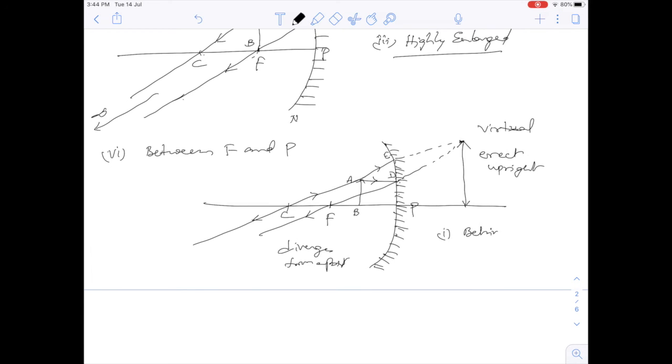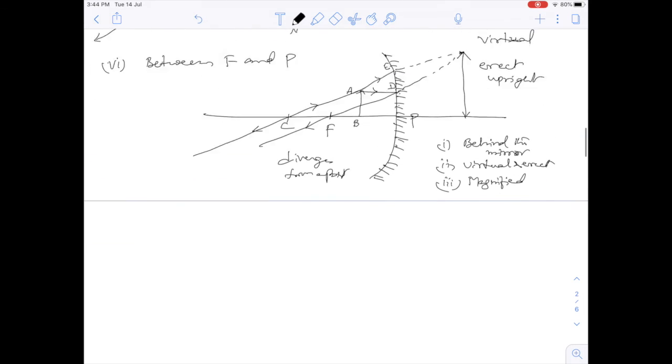Behind the mirror, and it is virtual and erect, and it is magnified or enlarged, bigger than the object. So this is your object and this is your image, bigger than the object.